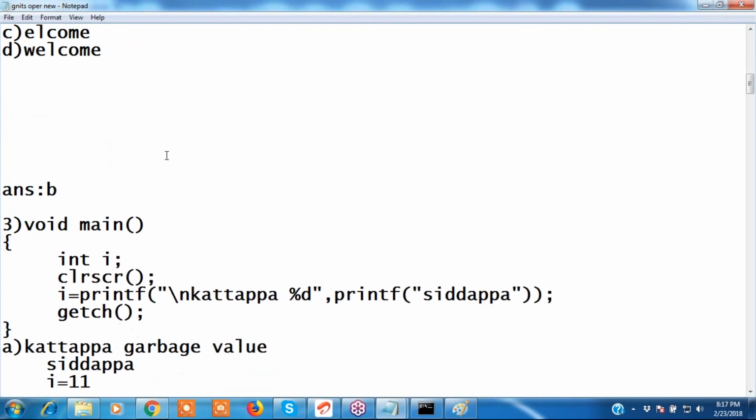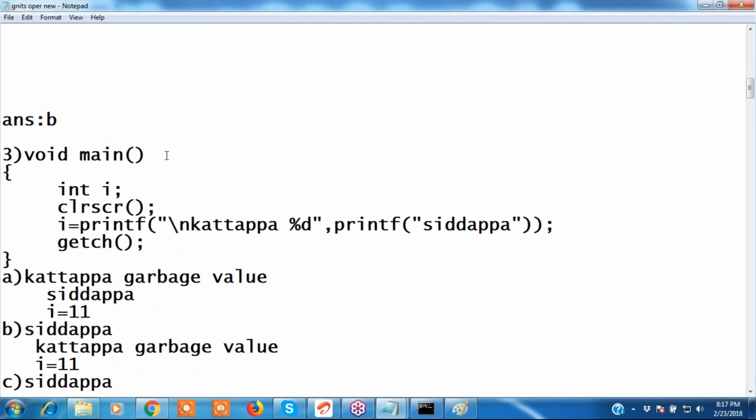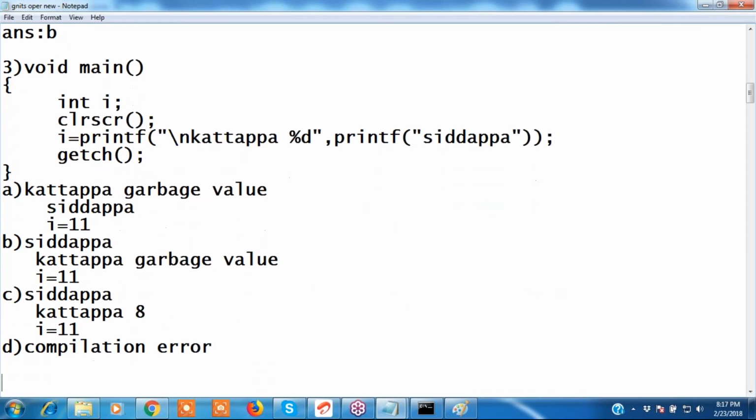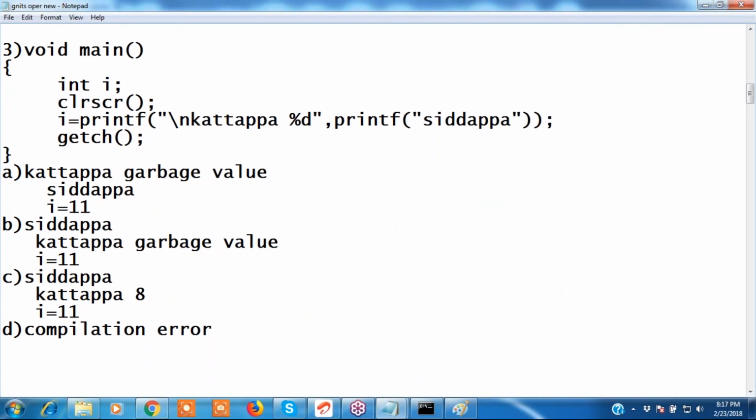Now guys, this one. Which one is the correct answer? Katappa 8. 11, C is the answer.